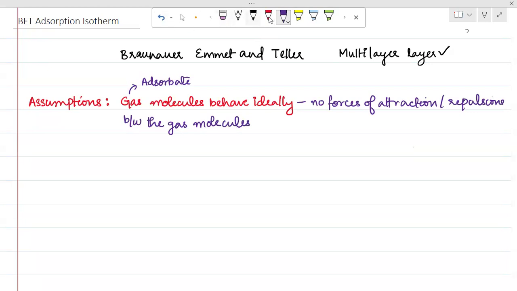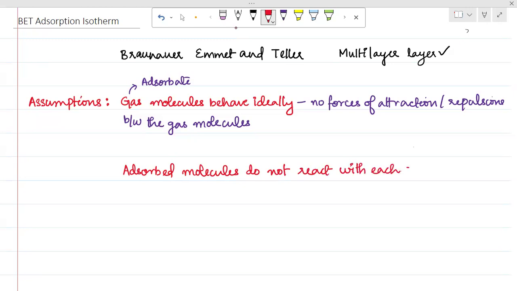And there is another postulate which says that the adsorbed molecules also do not react with each other. Let's say that you have a surface and you have the adsorbate molecules adsorbed.